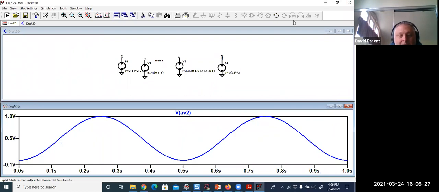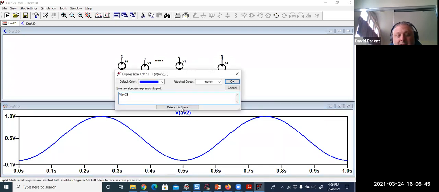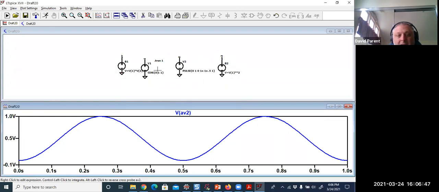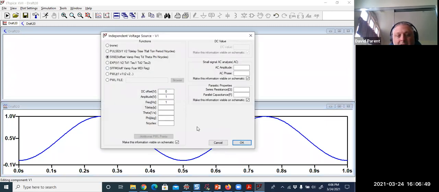Now, this is the signal we care about, so let's multiply it by a sine.